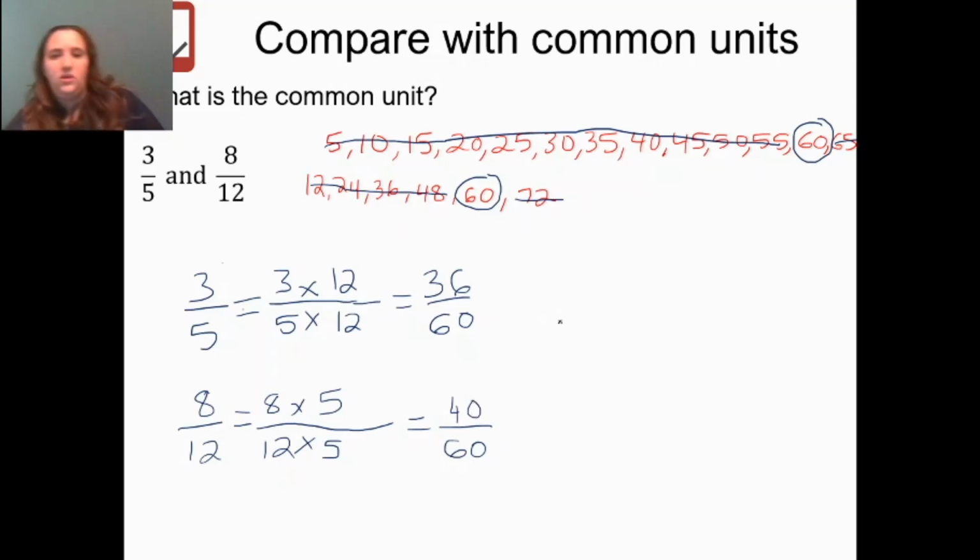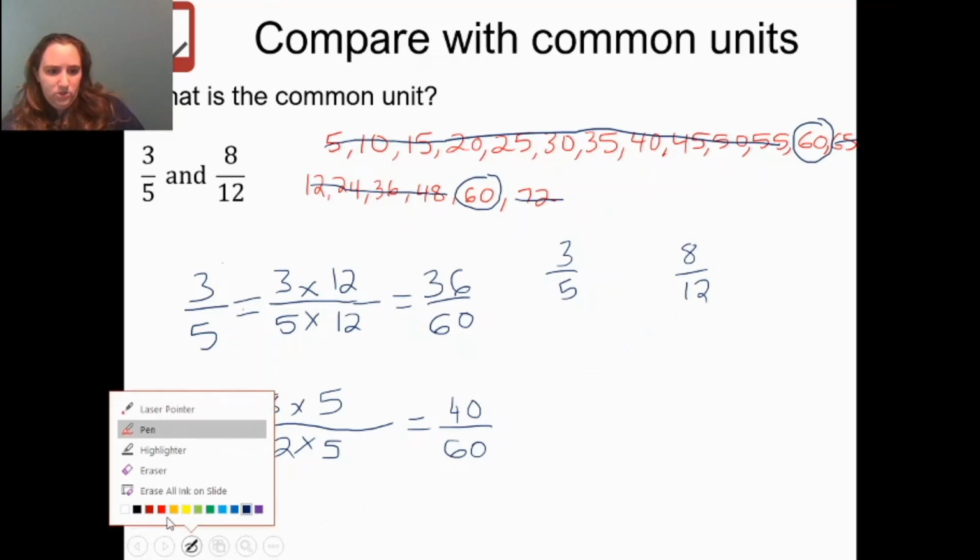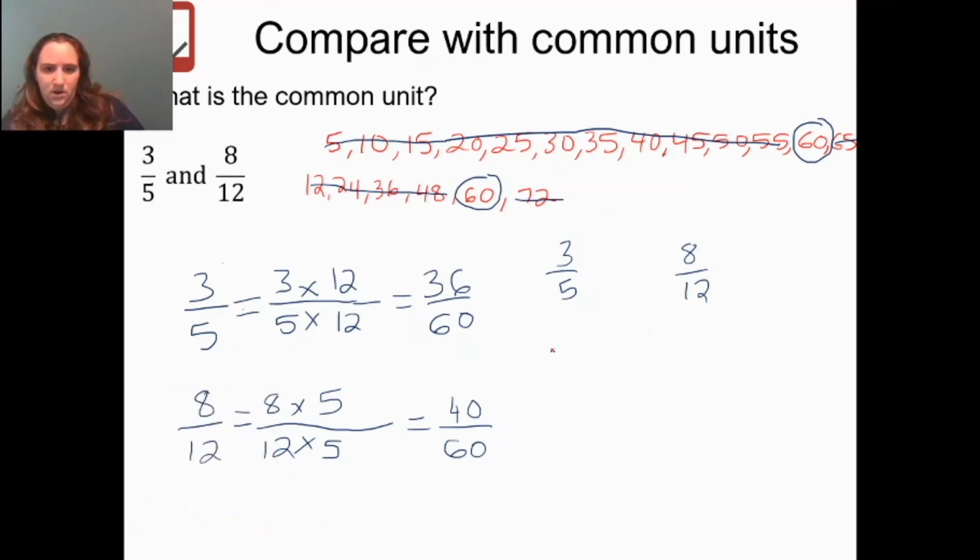Alright, so now we can look at this. And we've got 3/5 and 8/12. And we've now changed these down here to be 36 out of 60 and 40 out of 60. Okay, so 3/5 and 8/12.